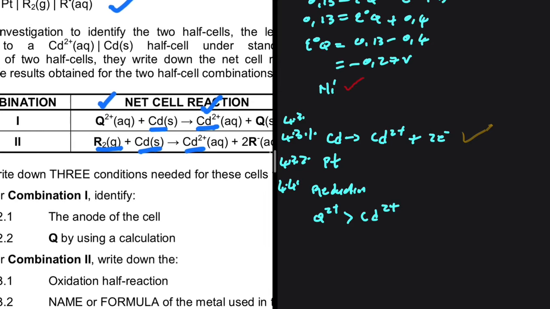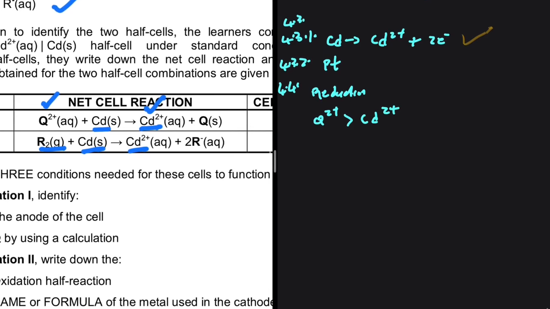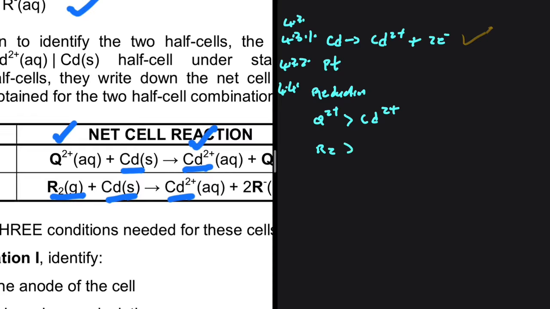If you look at our second combination, we can come to the conclusion that R2 is a stronger oxidizing agent compared to Cd to the 2 plus because it also undergoes reduction. The only thing that we now have to figure out is which one is a stronger oxidizing agent between Q to the 2 plus and R2. With cadmium, Q to the 2 plus and R2 act as our cathode.